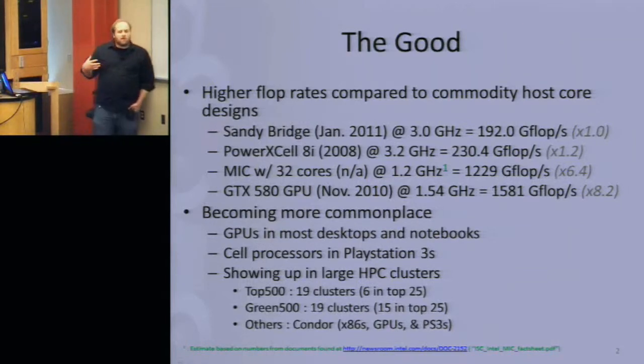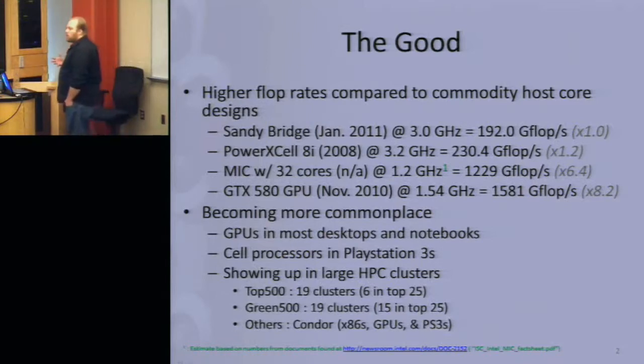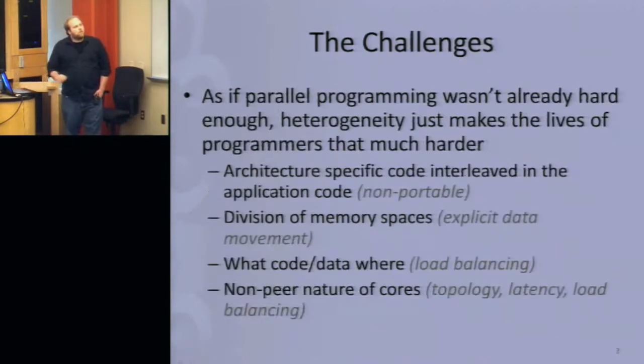And we see these becoming more and more commonplace as time goes on in a variety of settings: workstations, even a gaming console, the PlayStation 3. And the data here for the Top500 and Green500 numbers is about 10 months old at this point. But several of the top clusters in the world are making use of a lot of these accelerator technologies, and thus have heterogeneity in them.